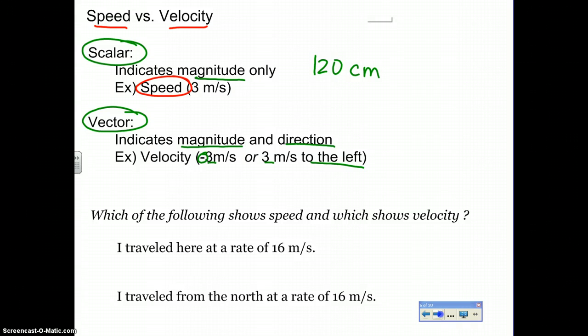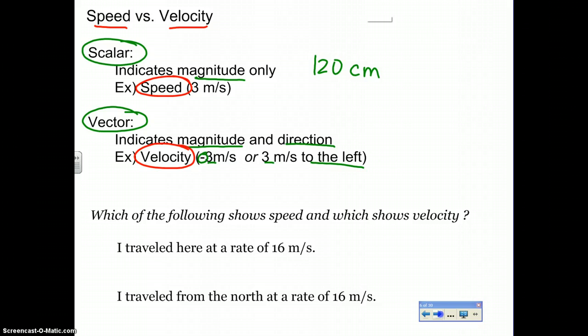Speed is a scalar quantity. Speed indicates only a magnitude. Speed will never include a direction. If you're traveling down the road at 55 miles an hour, that's your speed. Velocity, on the other hand, is a speed that includes a direction.